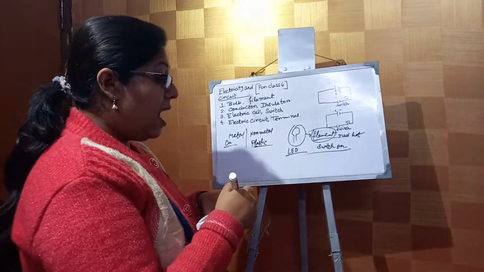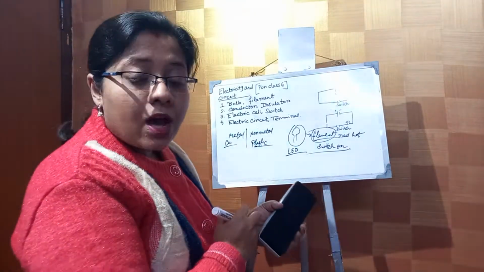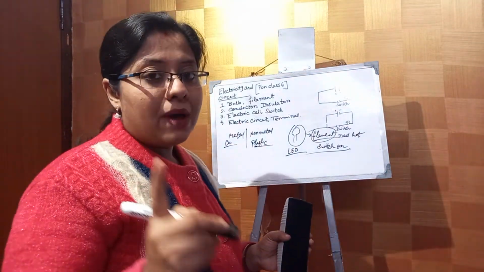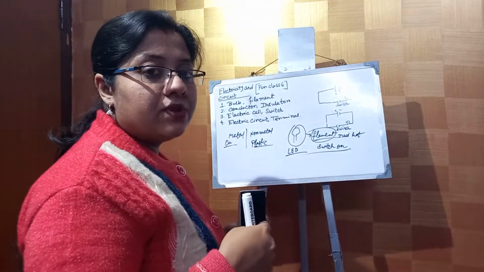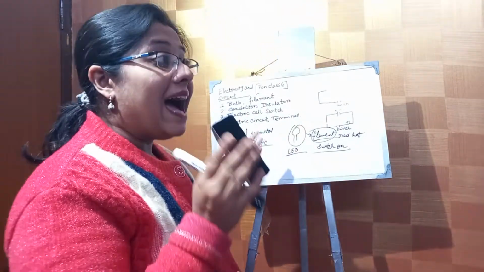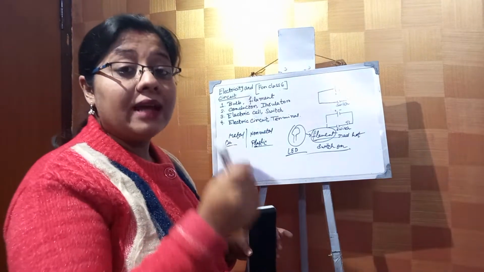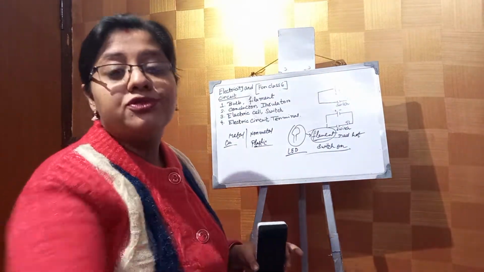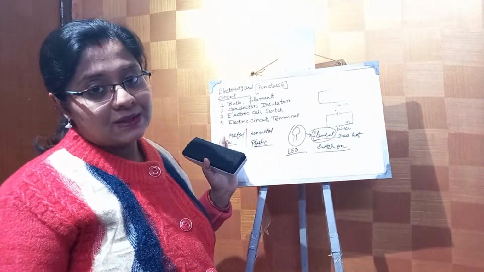Now you have a plastic wire and you have a copper wire. So definitely you will say, ma'am, through the copper wire the electric charges will move, not through the plastic wire. So the materials which allow the electric charges to move through them are called conductors.